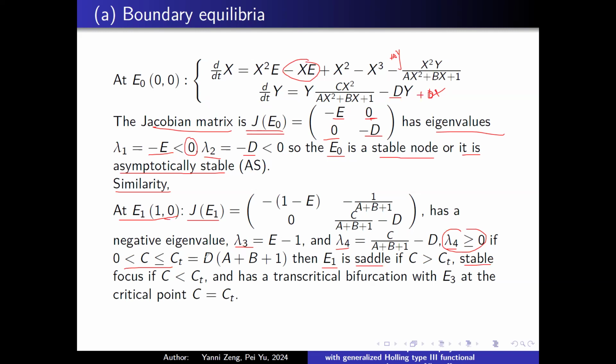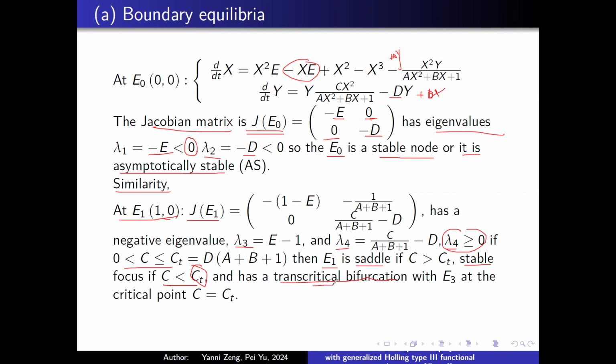And stable if C is smaller than C_T. How to find this condition? This condition is based on the definition of stability of the equilibrium. And some words here are also new to me.